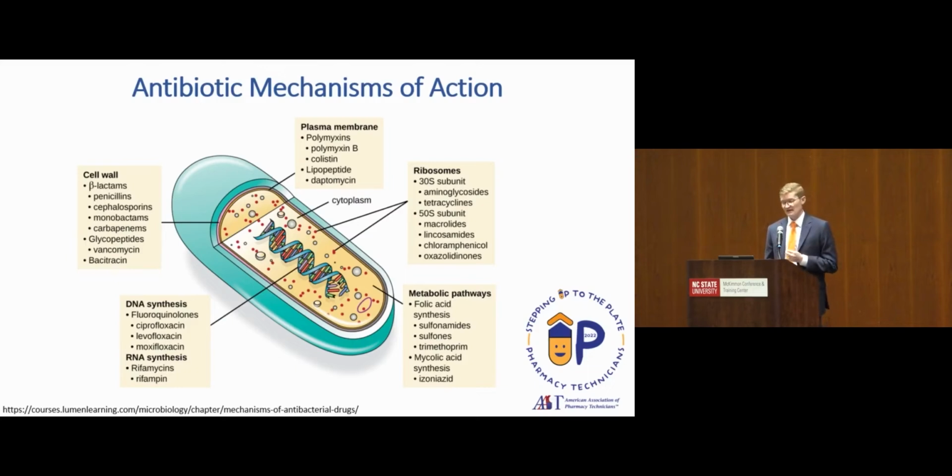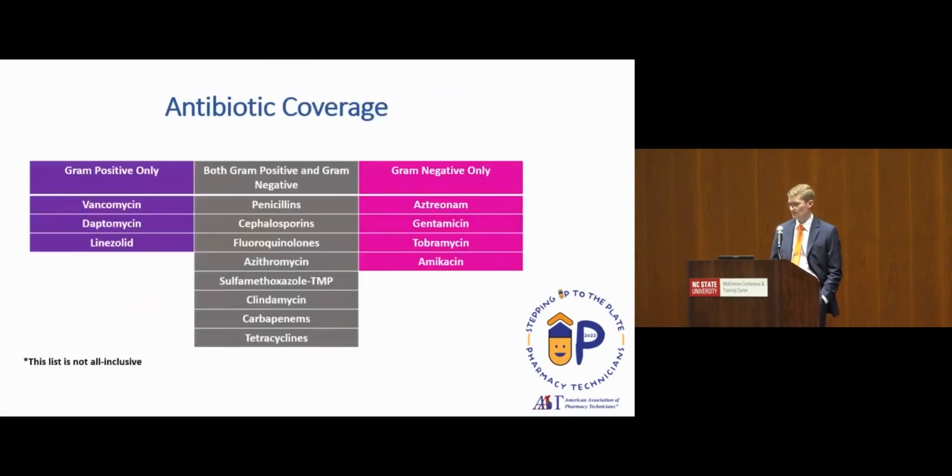For a gram-positive bacteria that has that thick cell wall, maybe we would want to use an antibiotic that would target that cell wall. Whereas if a bacteria doesn't have a cell wall, then we can't really use something that targets a cell wall to kill the bacteria. So some of these things we'll think about as we're talking about pneumonia specifically.